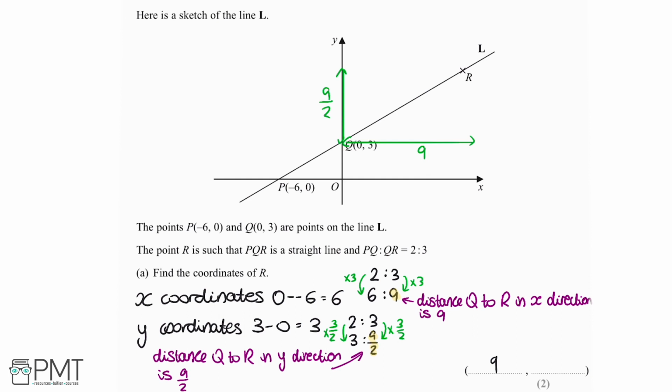However, the y coordinate of R isn't 9 over 2, because we've still got the bit from the origin, which is 3. So the distance of R from the origin in the y direction is 9 over 2 plus 3, so 15 over 2. That's our final answer, and we put it as the y coordinate of R.